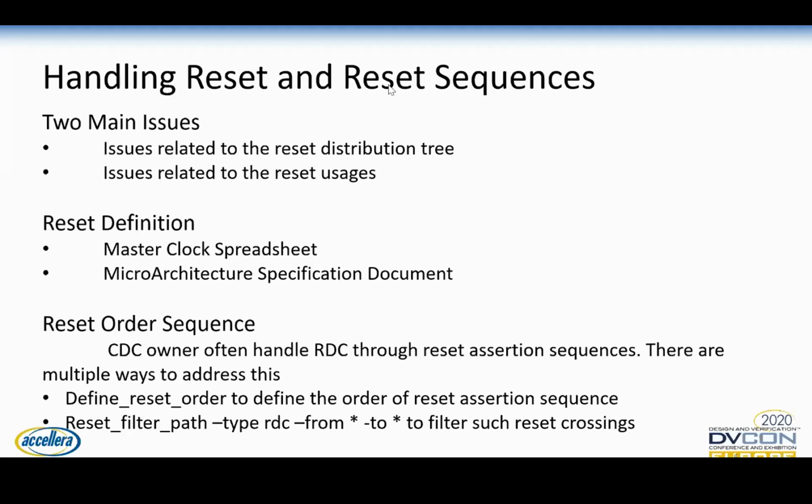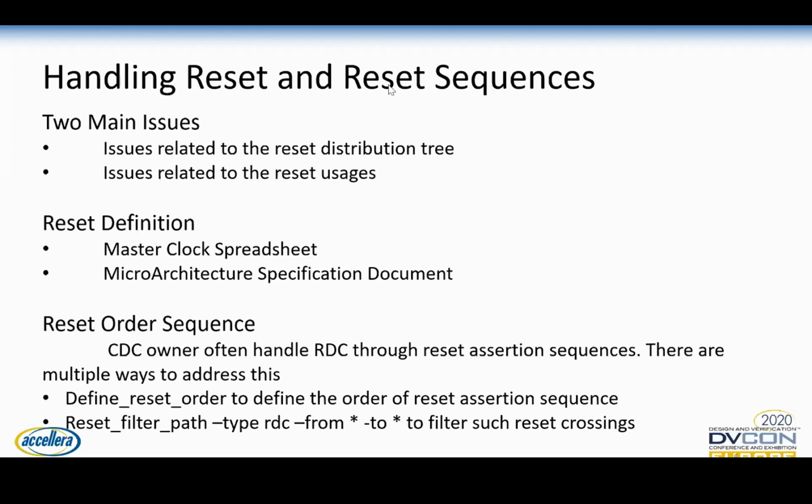When we say reset definition, in the previous projects, we never had any mechanism to define the architectural reset specification, which comes from the power unit or the CPR block. These kinds of reset definitions are very well defined in the master clock spreadsheet, where we define all the resets and the derived resets. And this master clock spreadsheet is input to the CDC tool, right?